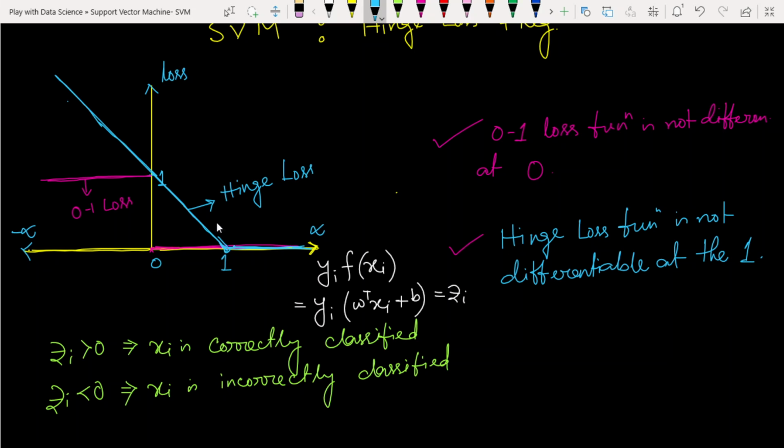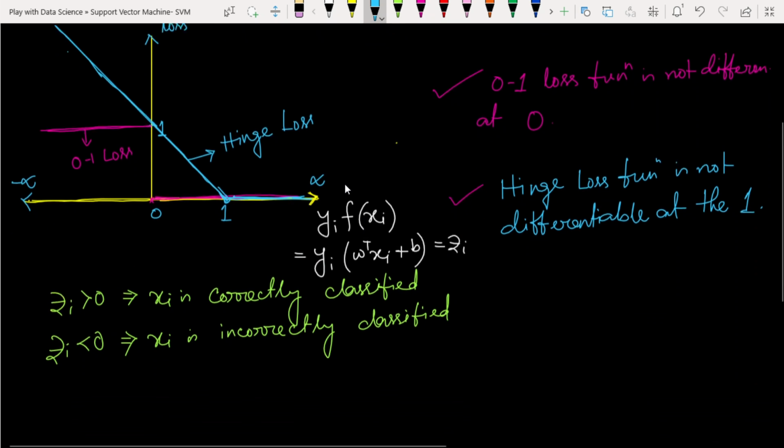Now, how do we interpret these Hinge loss functions for our SVM? Now we are going to discuss this. So let's go.